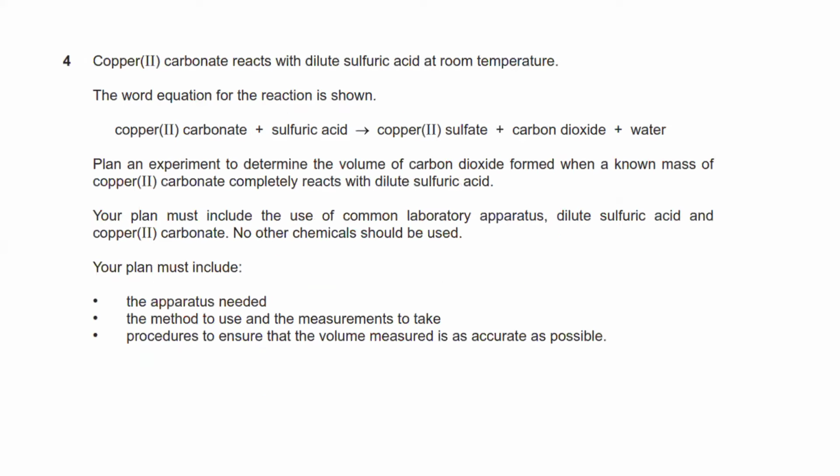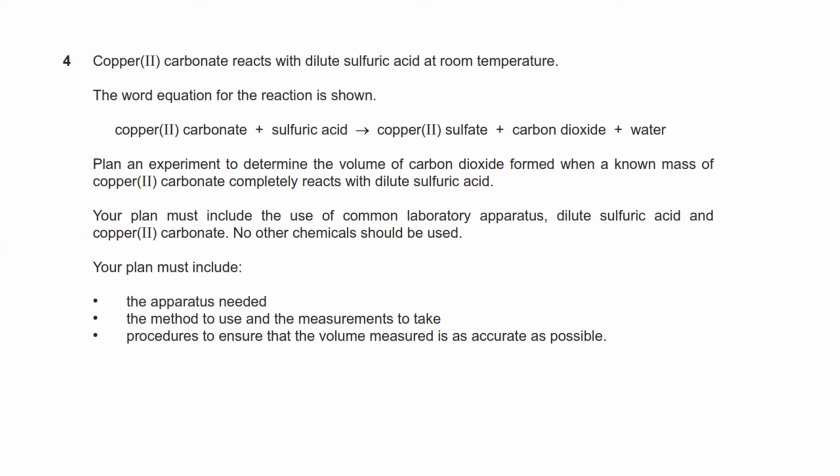So going ahead, question 4. It says copper(II) carbonate reacts with dilute sulfuric acid at room temperature. The word equation for this reaction is shown: copper carbonate, sulfuric acid, copper sulfate, carbon dioxide, and water. Plan an experiment to determine the volume of carbon dioxide formed when a known mass of copper carbonate completely reacts with sulfuric acid.